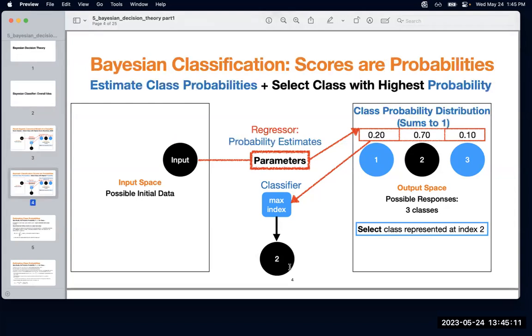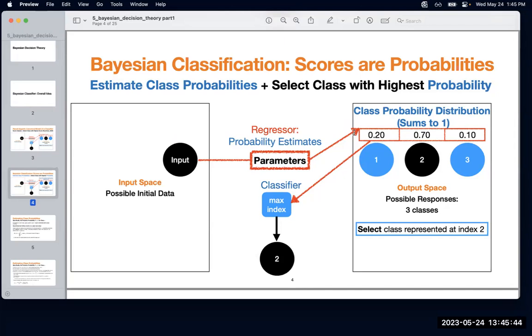Now, in the case of a Bayesian classifier, a few small changes would need to take place. The first thing is our scores would now be thought of as class probabilities. So now we are no longer just thinking about scores, but we are thinking about each class score as the probability of that given input belonging to that class.